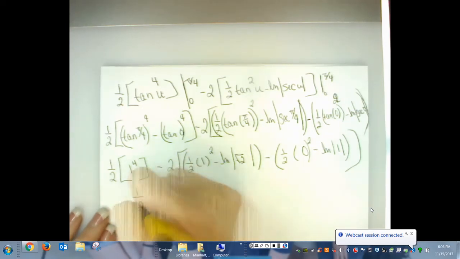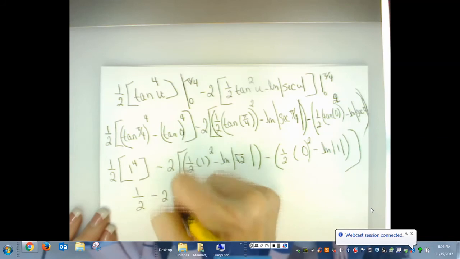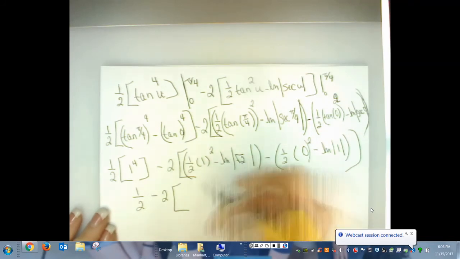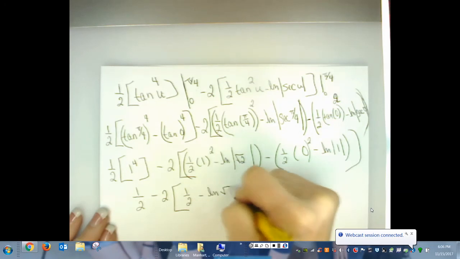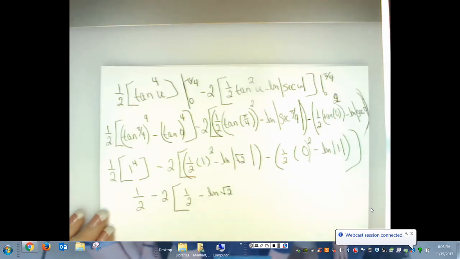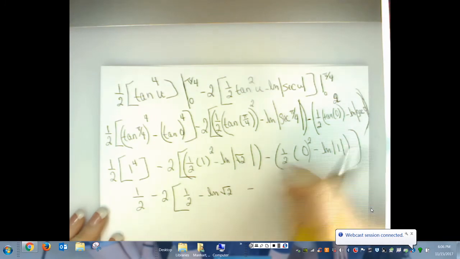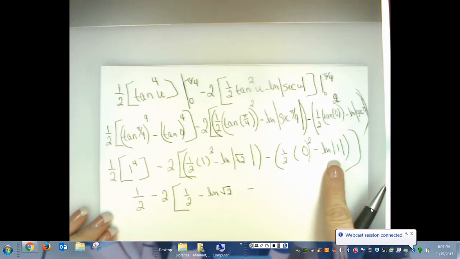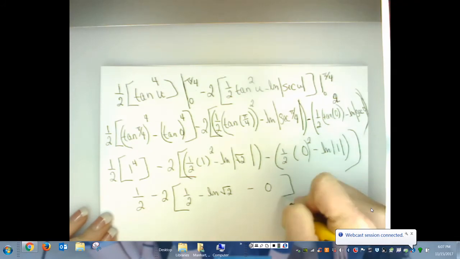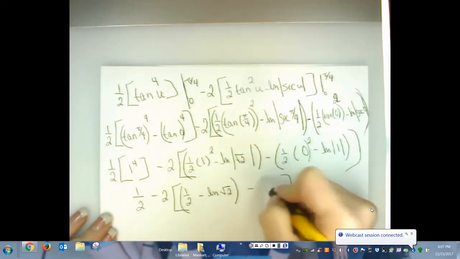So this is going to be 1/2 minus 2 times 1/2 minus the natural log square root of 2, minus 1/2 times 0 is just 0. And then a negative times a negative is a positive. And the natural log of 1 is 0. So basically, all of this goes to 0. So it was this minus this.